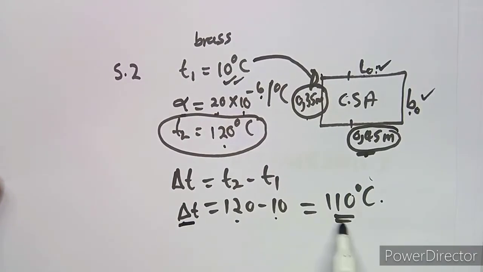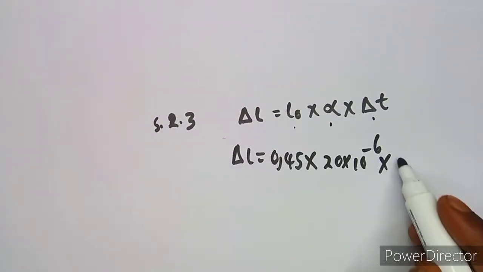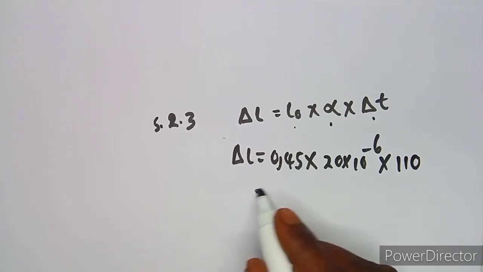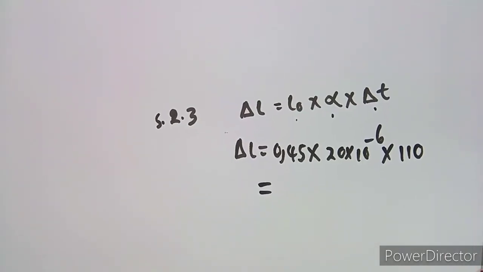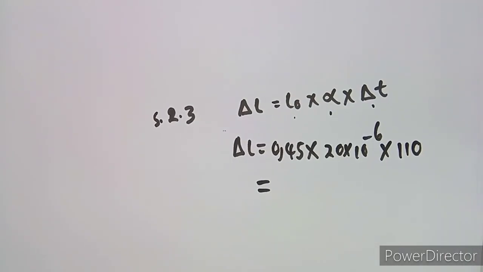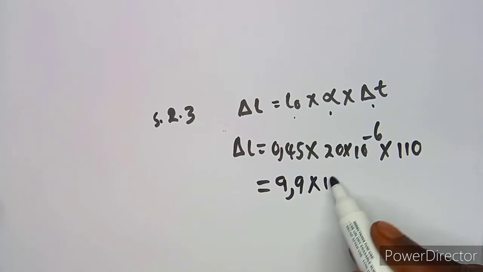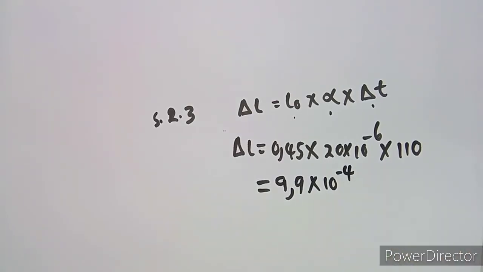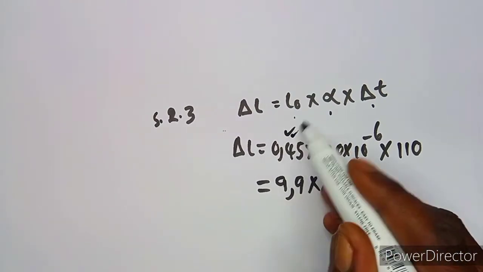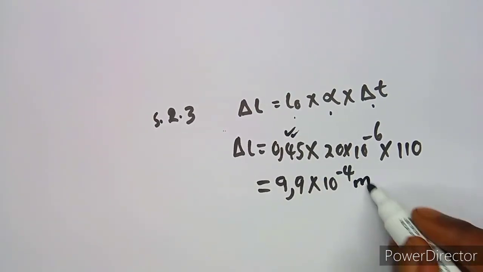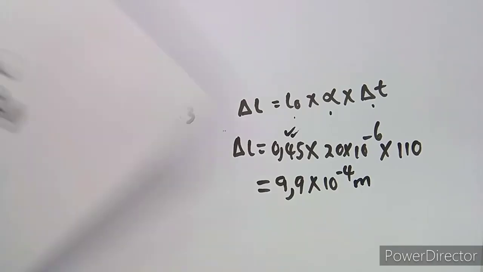The change in temperature, we say it is 110 degrees. So this is 110. All right, you're going to multiply this on your calculator. This is just going to give you something like 9.9 times 10 to the power minus 4. Take note, I used the 0.45, which was in meters, so this change in length is also in meters.